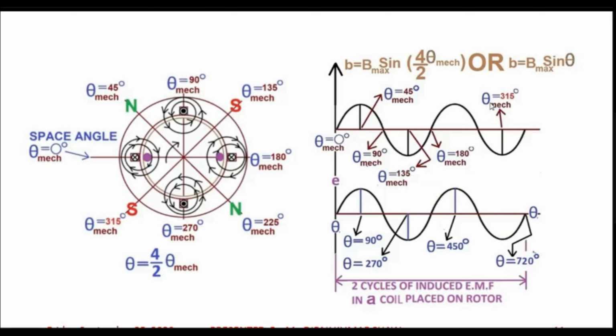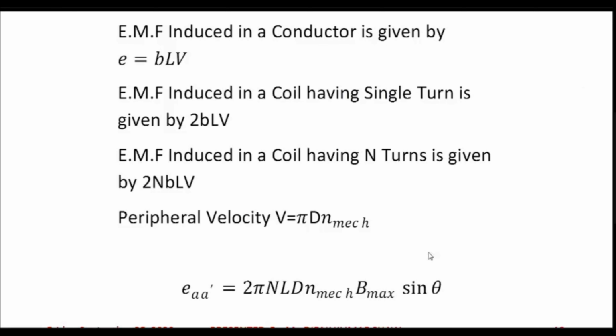So B max sine theta is the expression for flux density in the air gap. So for small b, we have written B max sine theta. For peripheral velocity V, we have written pi d n mechanical. And the rest of the terms are as usual, n, l.